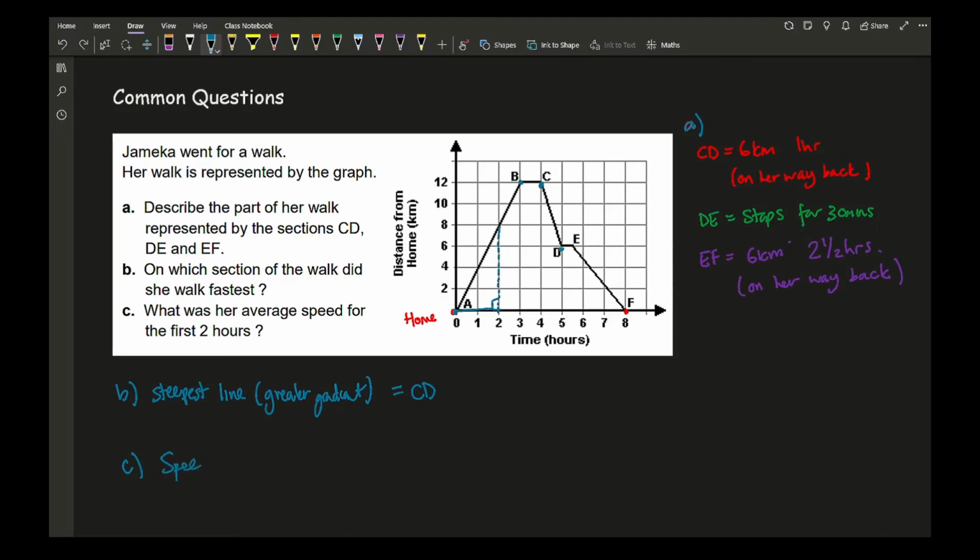Speed is equal to distance over time, and the distance of that triangle is going to be 8 kilometers, and the time it's taken is 2 hours. So I do 8 divided by 2, which is 4, and then I don't forget the units, which is kilometers per hour, and there is your final answer.